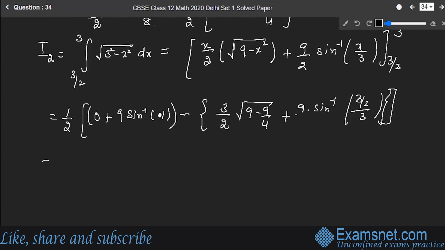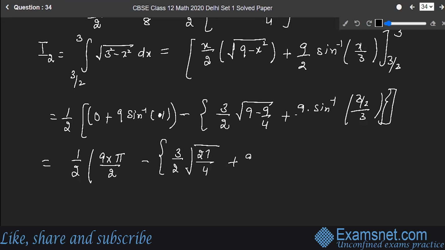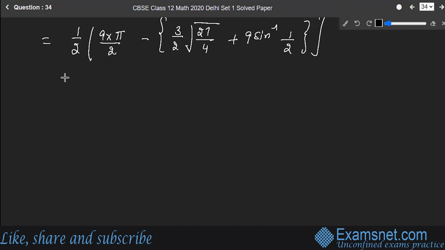So now let's solve it further. This will be equal to 1 by 2 sine inverse 1. This is pi by 2. So 9 pi upon 2 minus brackets 3 by 2. Solving will give you root of 27 by 4 plus 9 sine inverse 1 by 2. This is 1 by 2, 9 pi by 2 minus this will be 9 root 3 upon 4.